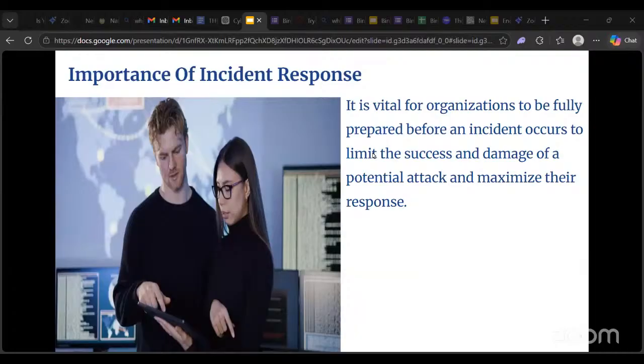With cyber attacks increasing in frequency, scale, and sophistication, an incident response plan plays an increasing role in an organization's information system. So the basic thing is just that without proper response, even a small attack can become a major disaster. Preparation determines how well you will survive an attack.